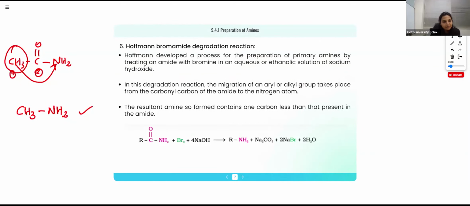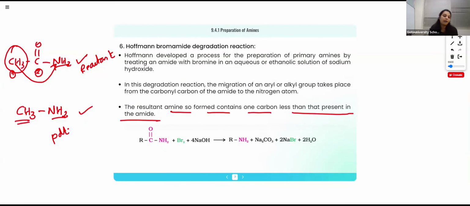Then see the number of carbon atoms. This is the reactant you used, and this is the product formed. In the reactant, you can see 1 carbon, 2 carbon, and NH2. In the product, NH2 is still there, but only 1 carbon instead of 2. That's why they say the amine so formed contains one carbon less than that present in the amide. Got it?